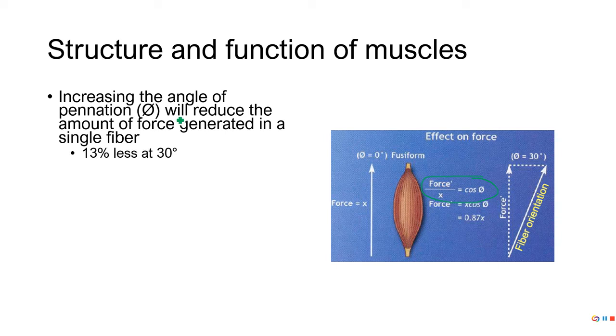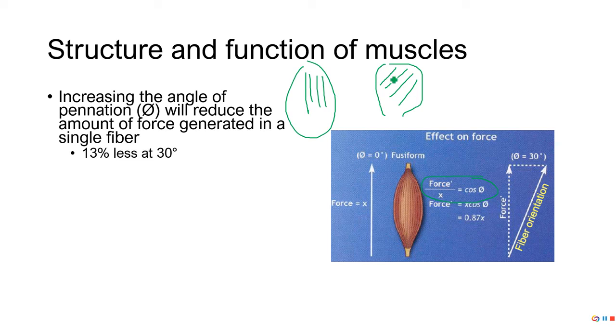So a parallel muscle fiber, one that runs this way, here are a bunch of muscle fibers running this way. An individual fiber, so here's my muscle. As opposed to this muscle, these fibers are going to generate more force than these fibers. And I'm talking individual fiber.